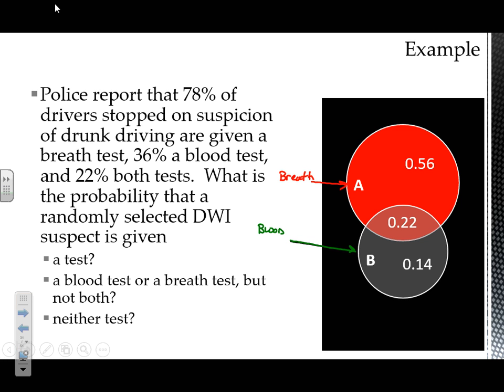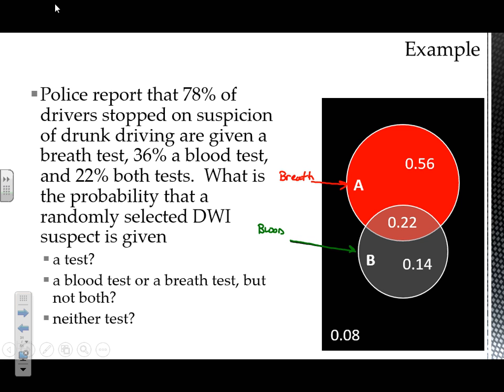So 92% either get a breath test alone, a blood test alone, or both, which means how many people, or what percent of people, would not get any test? 8%. So one of the last things you need to fill in then is what's remaining for neither event occurring. Okay?